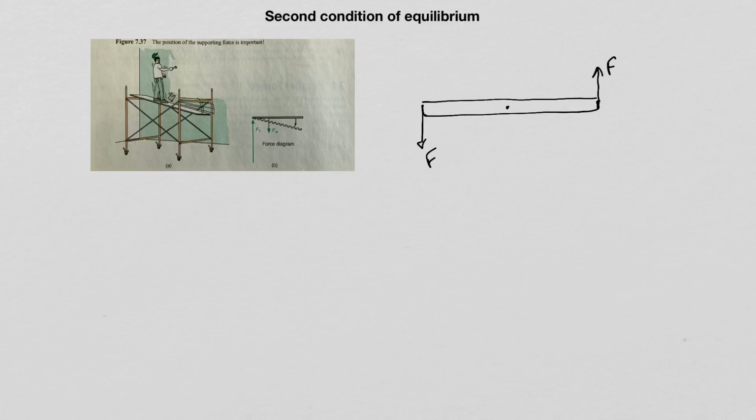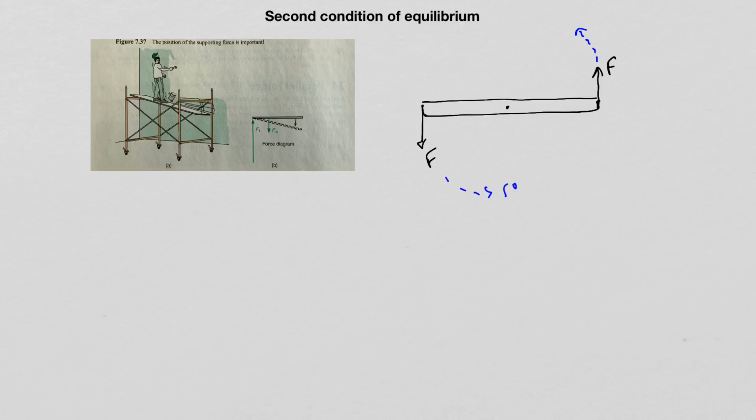And I apply the same force F at each end in opposite directions. So those two forces are parallel to each other, equal to each other, so the sum of parallel forces is 0. But because the meter stick is pinned in the middle, those two forces will cause the meter stick to rotate in counterclockwise direction.